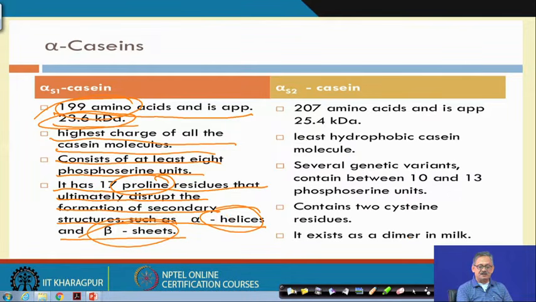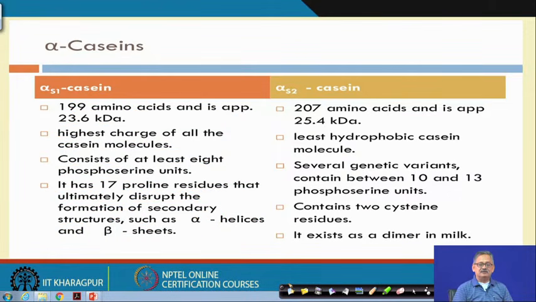This is the reason why alpha casein is not soluble; in the previous slide we said that they are hydrophobic, right. The hydrophobicity is because of that.